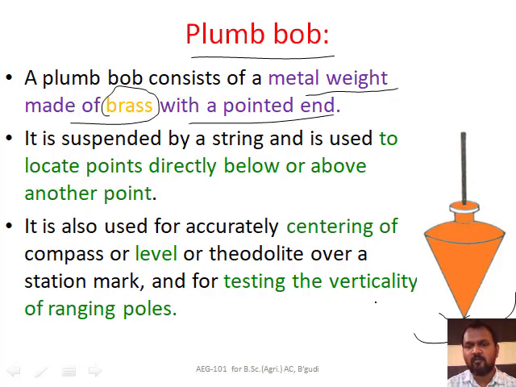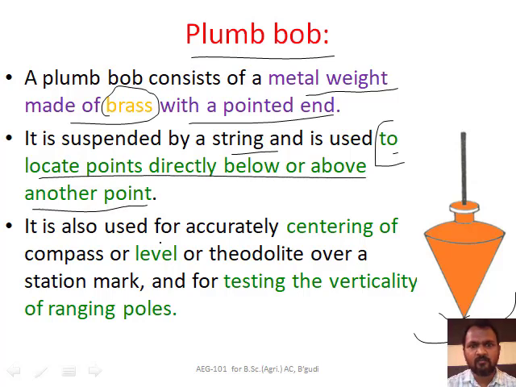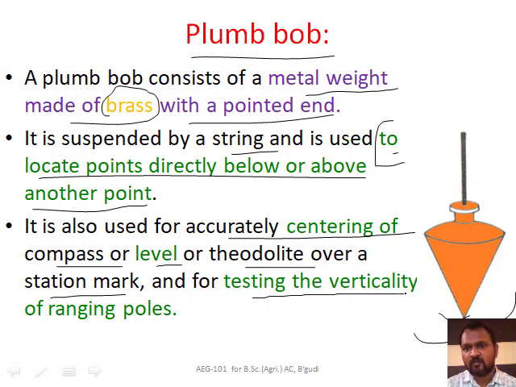It is usually suspended by a string and used to locate points directly below or above other points. It is also used for accurately centering a compass, level or theodolite over a station mark, and for testing the verticality of the ranging poles.